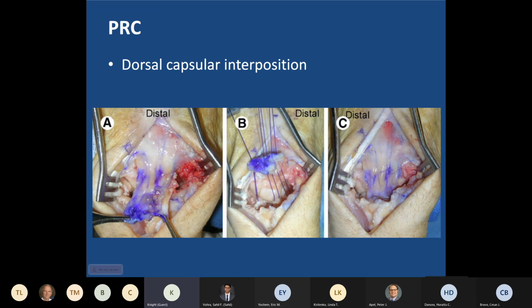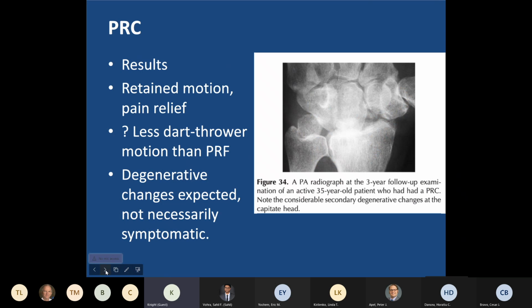I used to take some of the periosteum off the radius, but I since have stopped doing that. But you basically tie your sutures and your dorsal capsule down to the volar capsule and the volar ligaments, and this provides an excellent interposition, and it has good results. So next.